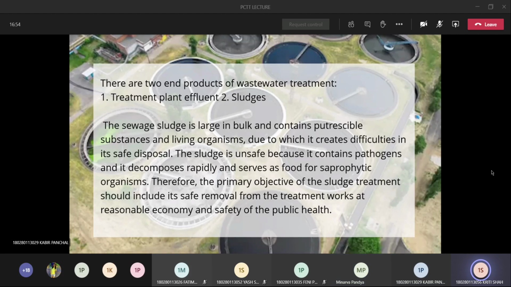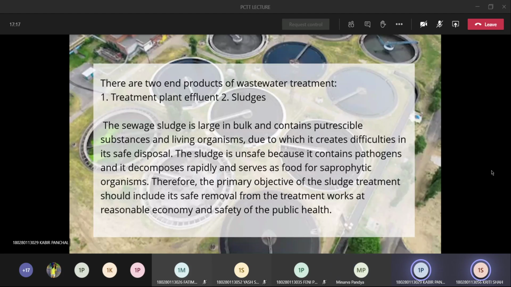which has a lot of water content, and because of the presence of organic matter, it is also harmful in a larger quantity in case it gets mixed with drinking water or the groundwater. Because of this, sludge needs to be treated. Now, sewage sludge is large in bulk and contains putrescible substances and living organisms.